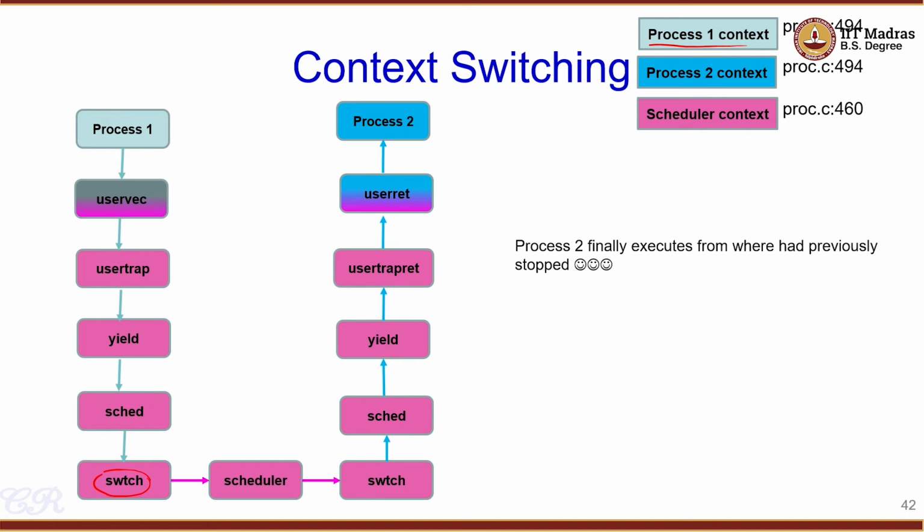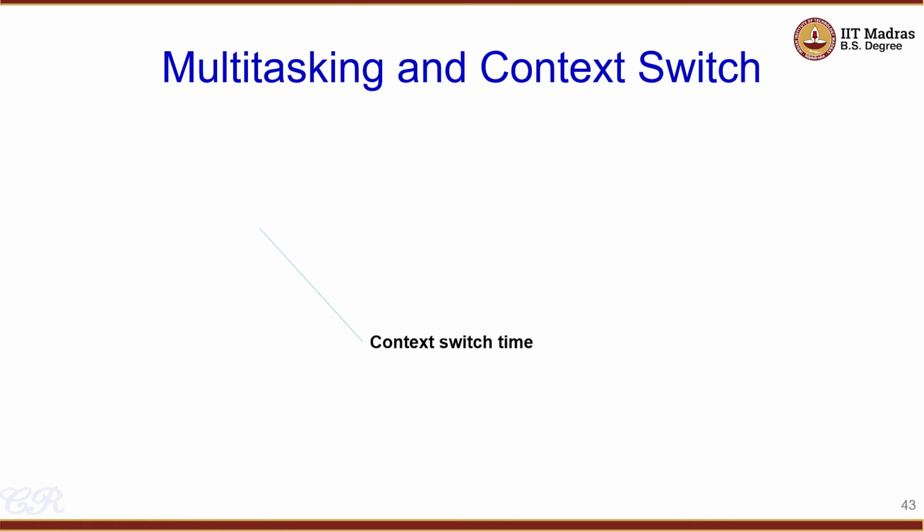So, later in time, when the next interrupt occurs or some subsequent interrupt and the scheduler picks up process 1 to execute, process 1 would continue to execute from the context of proc.c 494 and follow this particular sequence of function calls: sched, yield, usertrapret, userret, and process 1 would resume execution.